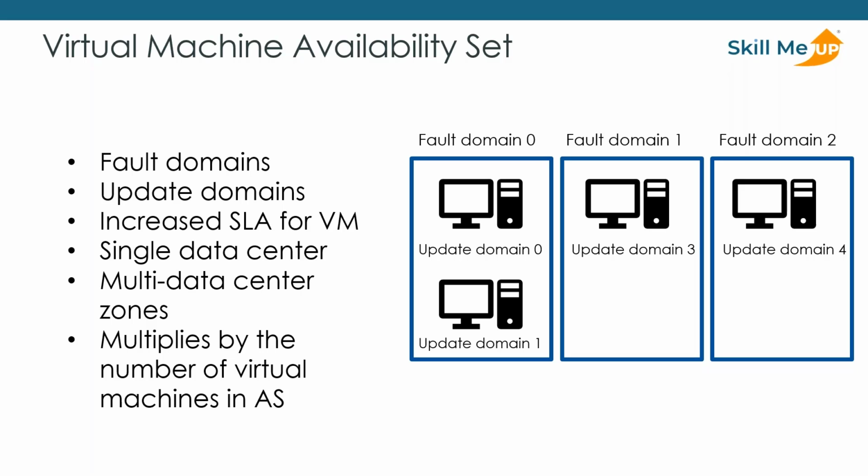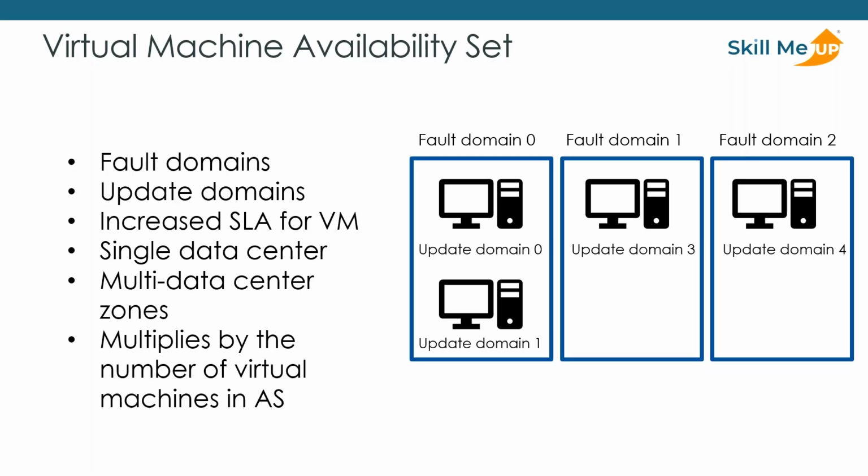Microsoft's never going to do updates broadly across every one of their hosts. So to make sure that you don't go down, you spread your servers and your virtual machines across the different hosts by utilizing update domains. And you can have up to 20 servers running across those 20 update domains, so 20 different hosts.